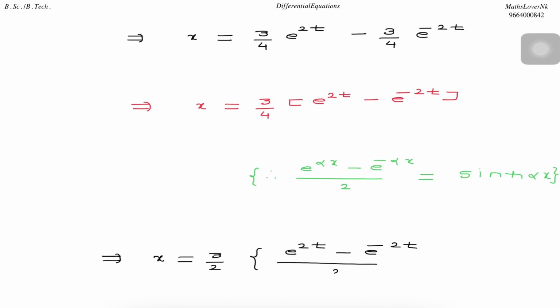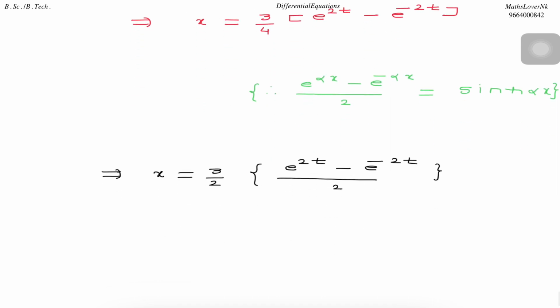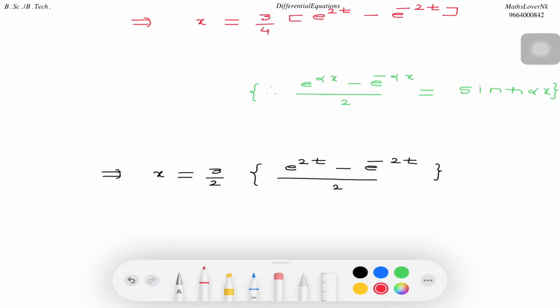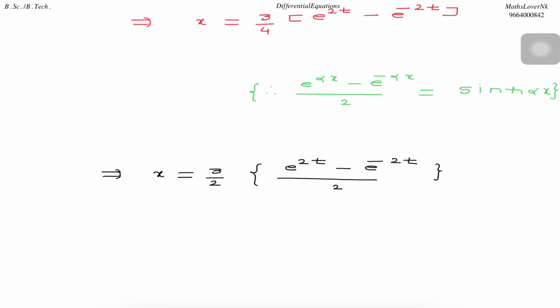Then we get the final solution, x is equal to 3 by 2 sine hyperbolic 2t.